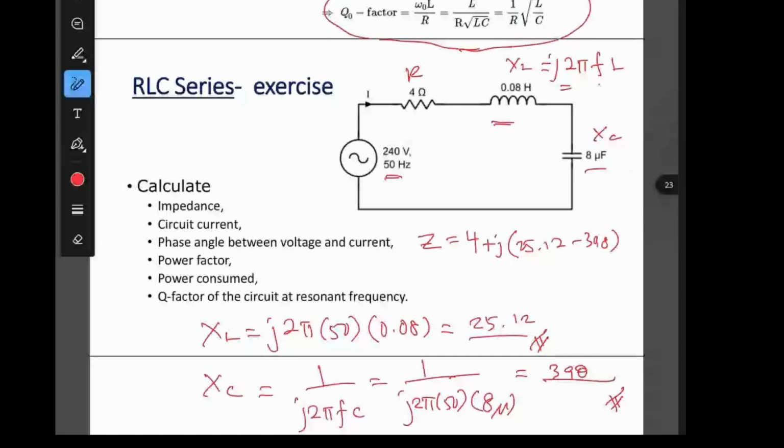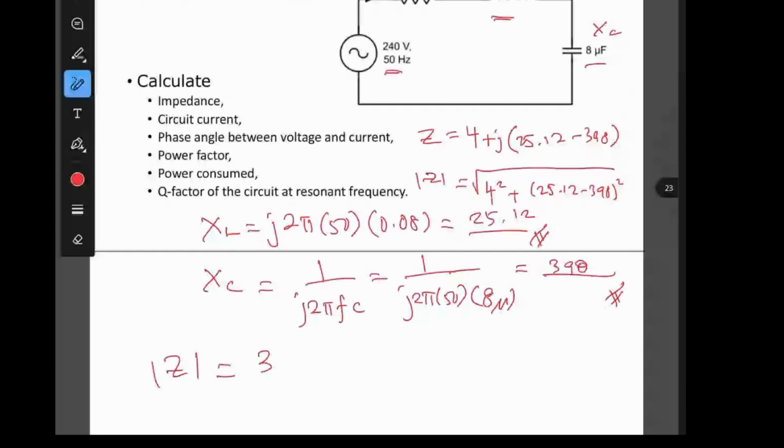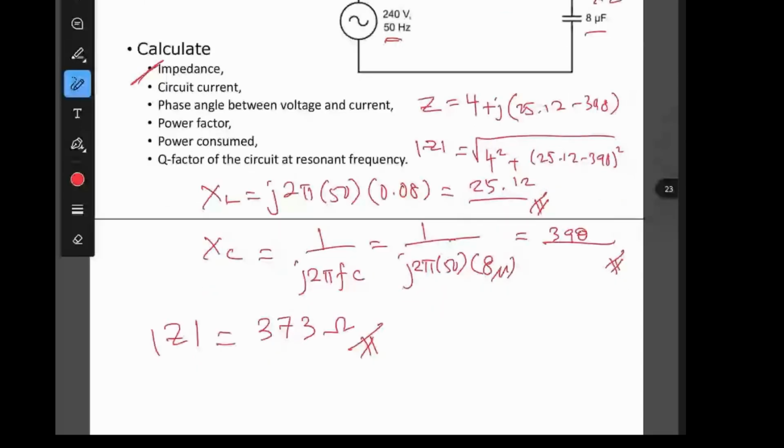Okay, Z. So magnitude of Z will be equal to square root of R square plus 25.12 minus 398 square. Okay, we get Z equal to 373 ohm. This is the magnitude of the impedance.